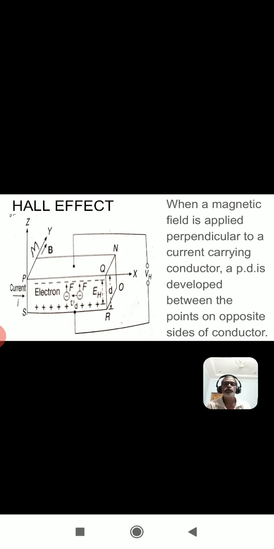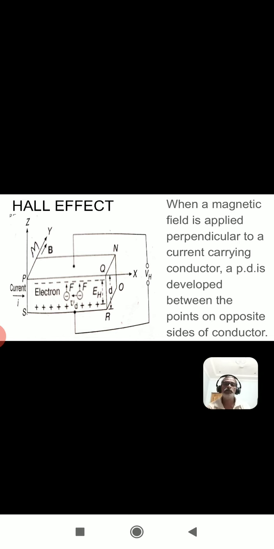Then when current passes through the conductor or strip, a magnetic force acts on the current carrying charge carriers, so there is a deflecting force. Depending on the sign of the carriers, if they are electrons, they will move in the upward direction.